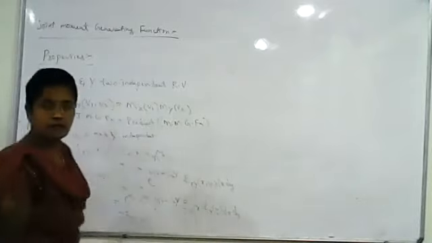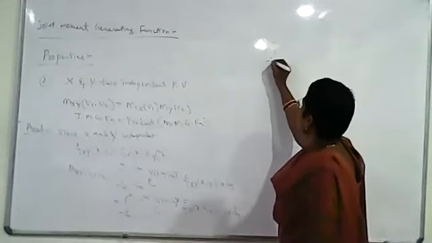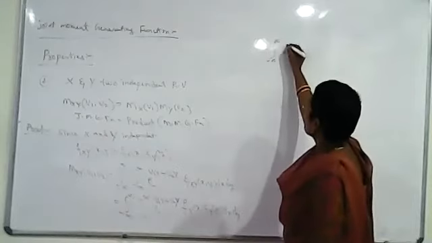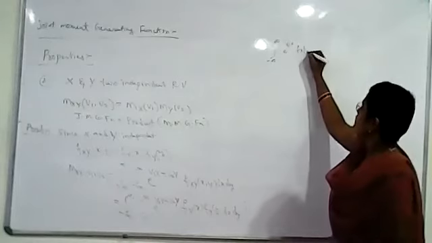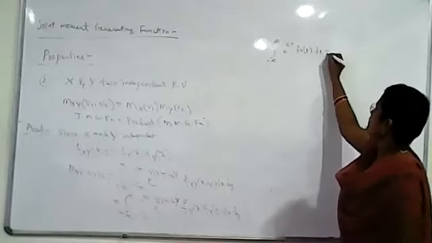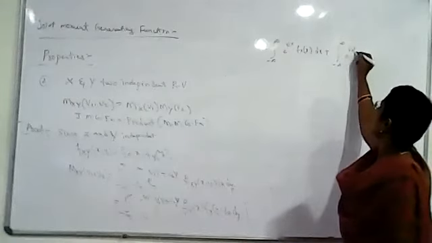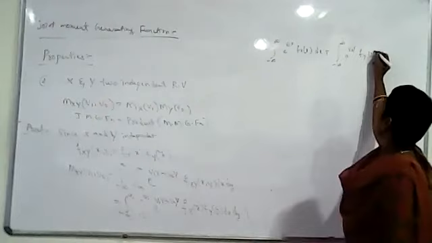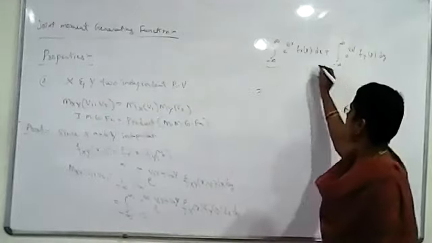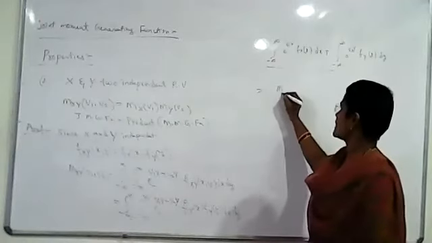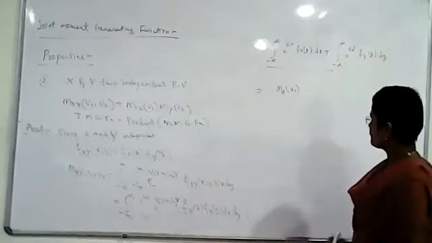Now we separate the x variables and y variables and do the integration separately. So it is integral of e power v1x fx of x dx, times integral minus infinity to plus infinity e power v2y fy of y dy. If you observe the first formula, we have random variable x, so it is Mx and it is a function of v1.